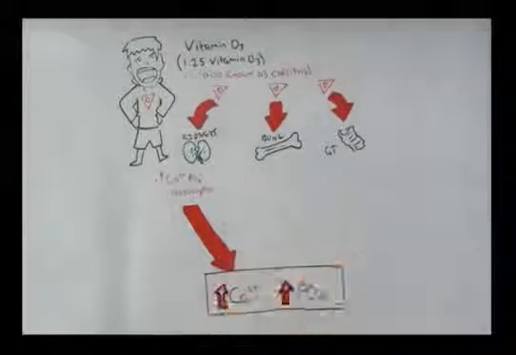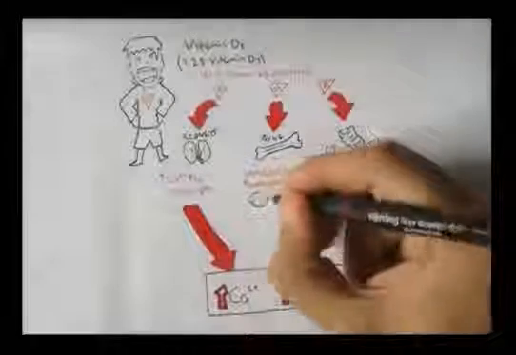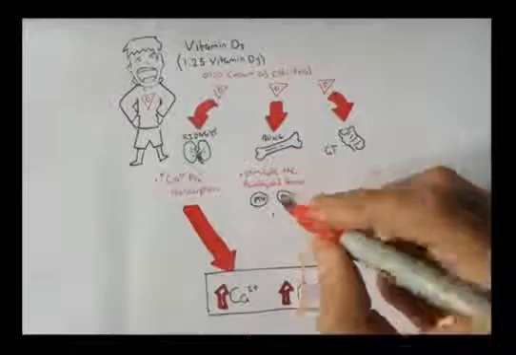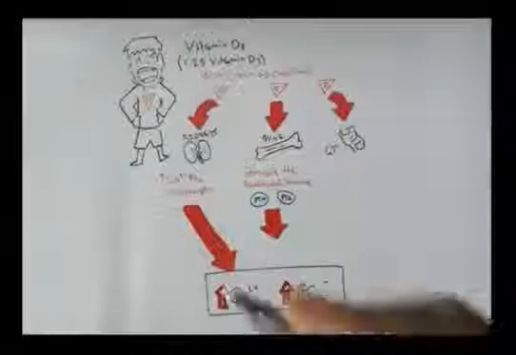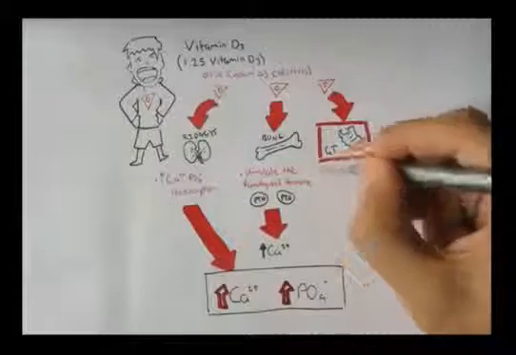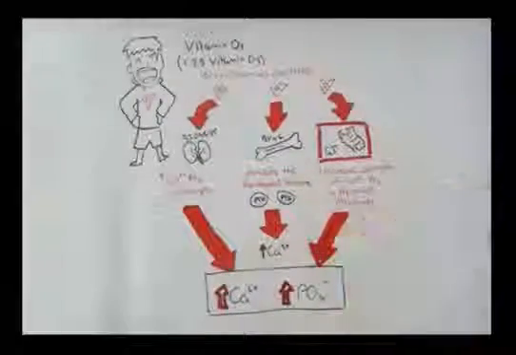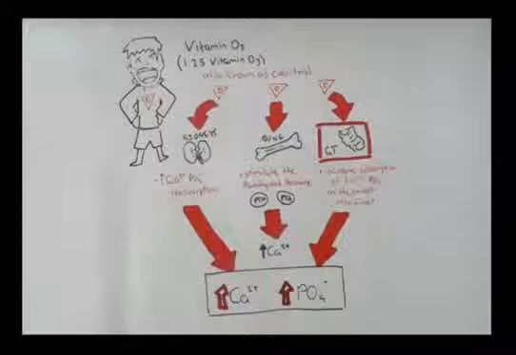Vitamin D3 targets the bone, which stimulates the parathyroid hormone actually, which then increases calcium reabsorption only, but decreases phosphate. Vitamin D3 targets the gastrointestinal tract, which will increase absorption of calcium and phosphate in the small intestine, which will result in an increase in calcium and phosphate concentrations in the body.